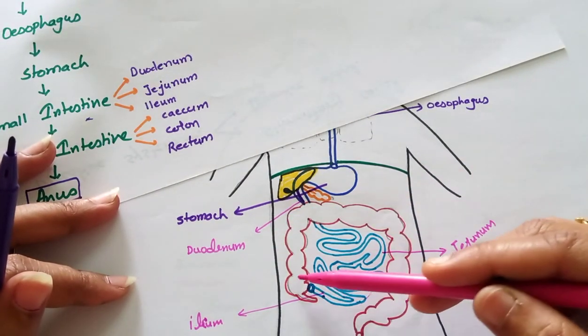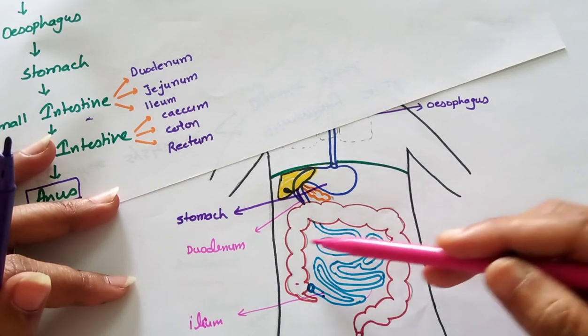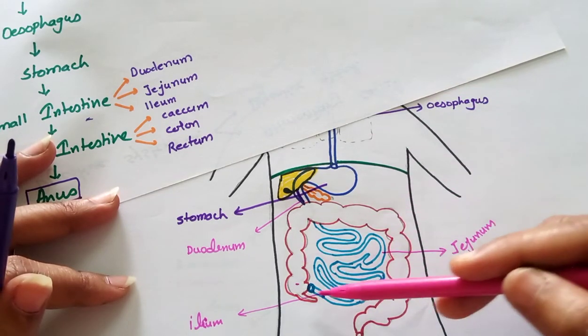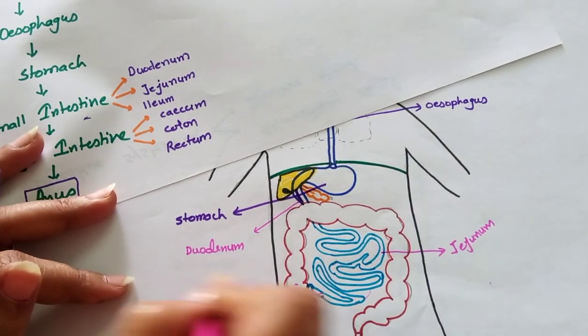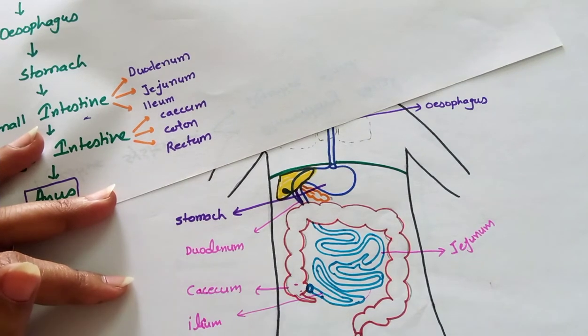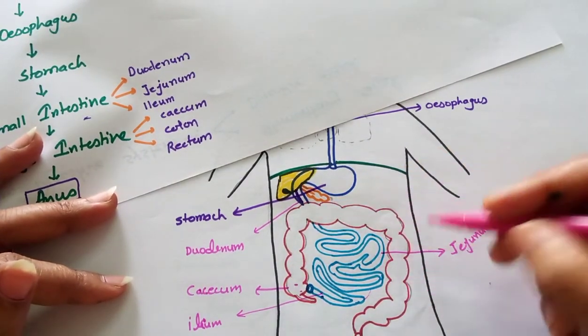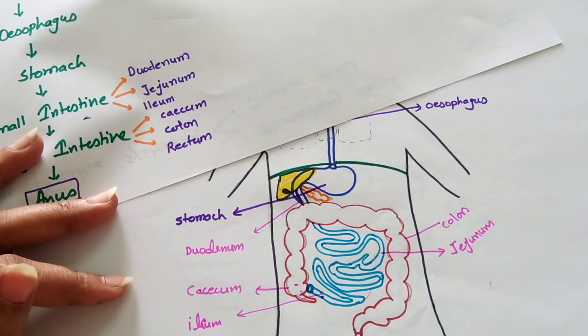Now the small intestine enters your large intestine. This structure is called your large intestine. It is also divided into three parts. This part is called your cecum. Now this coiled structure is called the colon. The colon also has three parts.